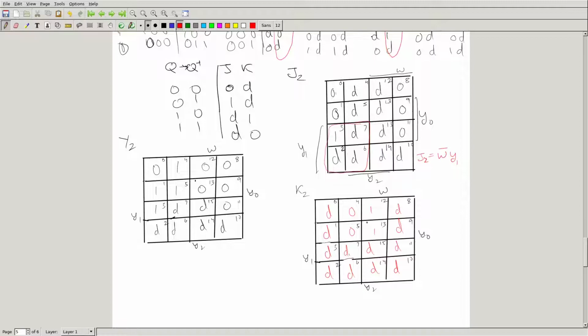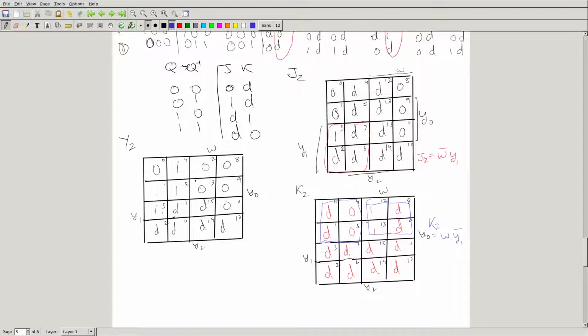And here we have a lot of ones and zeros. We don't need to group both of them, so we could write it in terms of either. So here we get K2 as W Y1 bar. Okay.